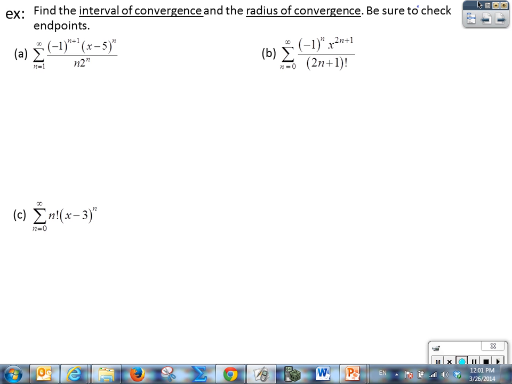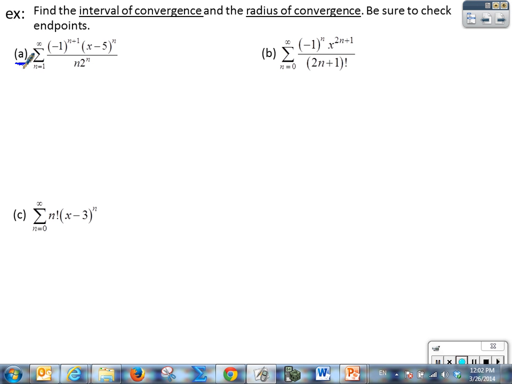Okay. Typical directions: find the interval of convergence and the radius of convergence. They probably won't say be sure to check endpoints, but I have that up here. We need to check endpoints. Really, only this one is the example of type number 2 that I was talking to you about. This is the only one that you have to check the endpoints for, which is the second part of the process, which is why it's going to take longer.